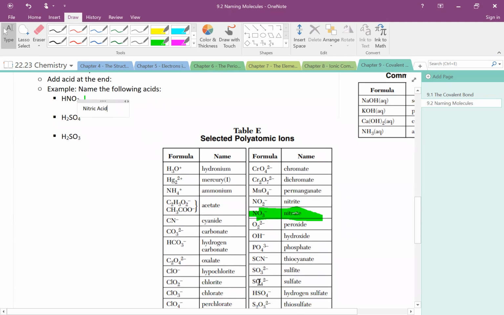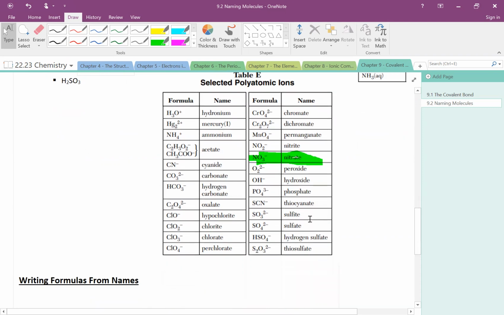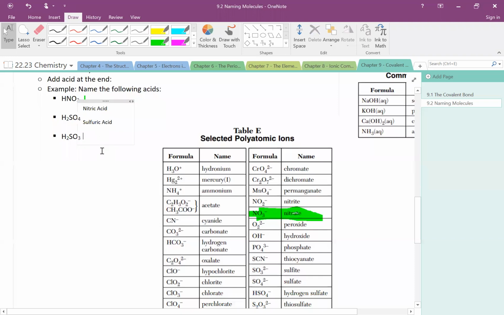H2SO4: SO4 is our sulfate. That's going to become sulfuric, so this is sulfuric acid. And then H2SO3 would be sulfurous acid. So nitric, sulfuric, and sulfurous acid.